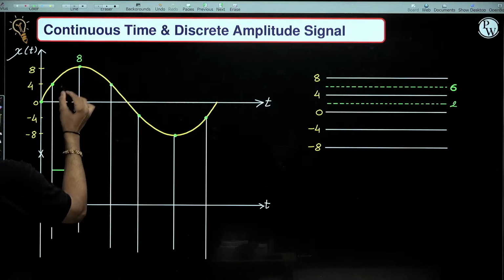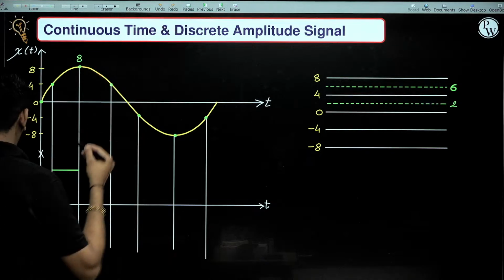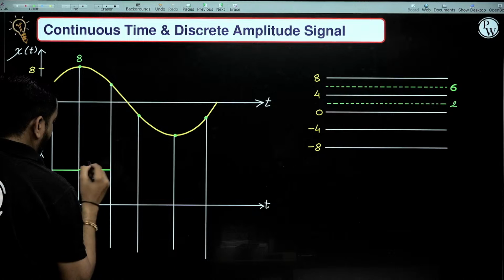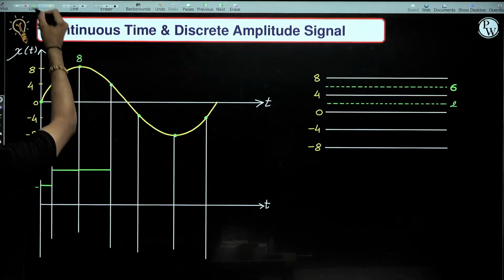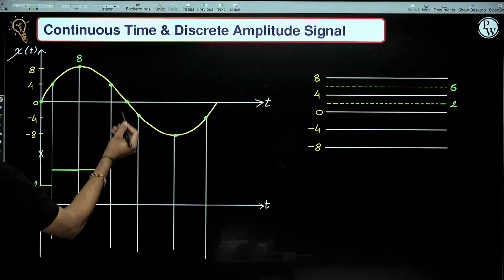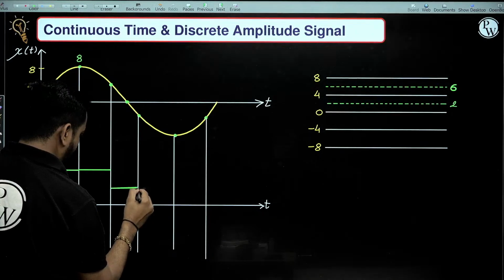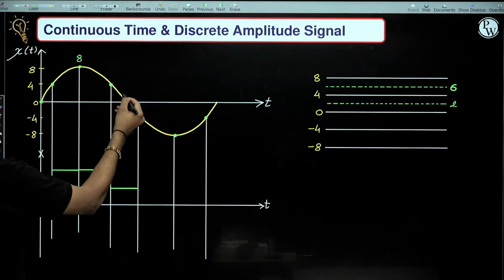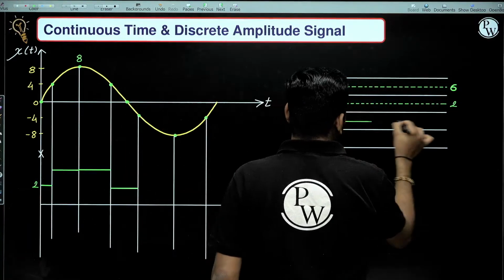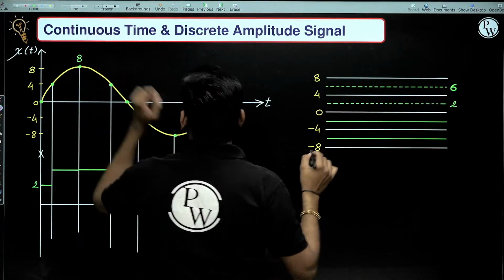Again between 0 and 4, output will be 2 only. Between 0 and minus 4, output will be minus 2. Similarly, between minus 4 and minus 8, output will be minus 6.